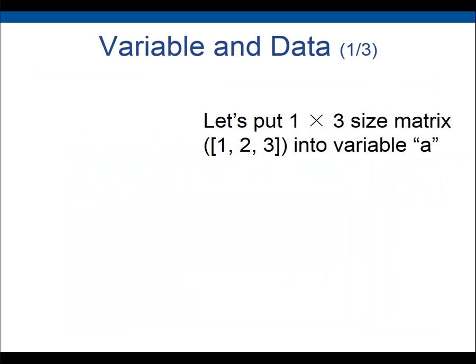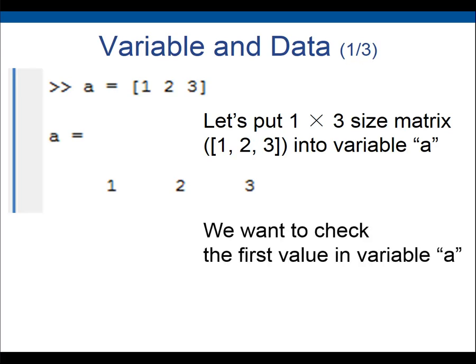So let's practice a little bit. Let's put a 1 by 3 size matrix, and the values should be 1, 2, 3, into a variable a. In this case, we can simply say a equals bracket 1, 2, 3 and close the bracket. That means variable a has a 1 by 3 matrix. The values are 1, 2, 3.